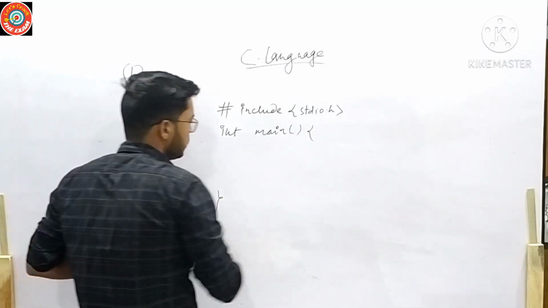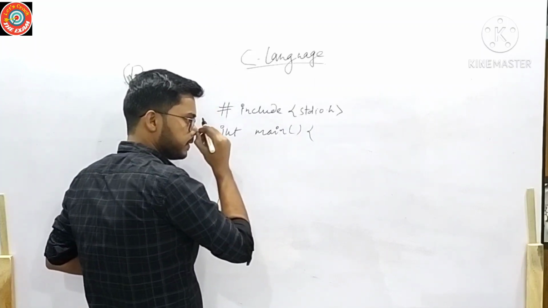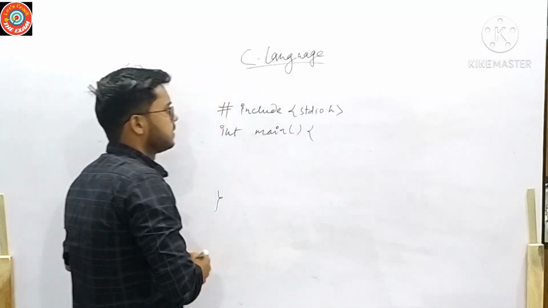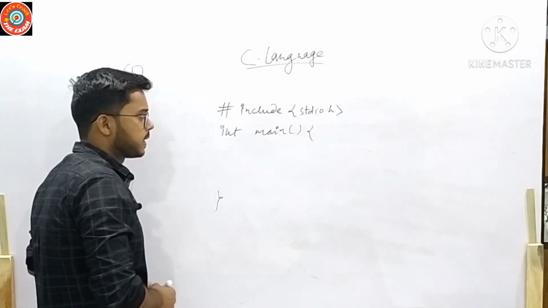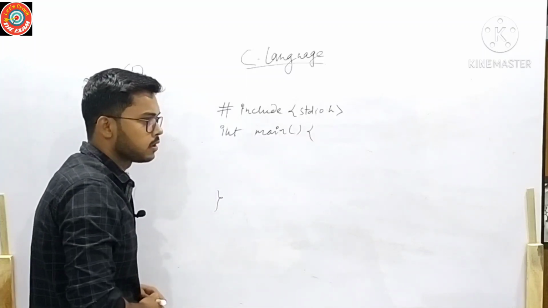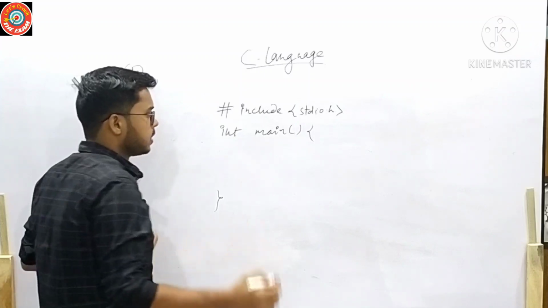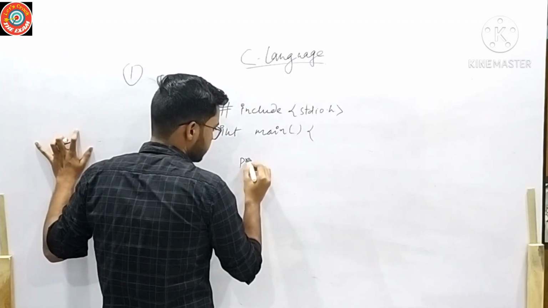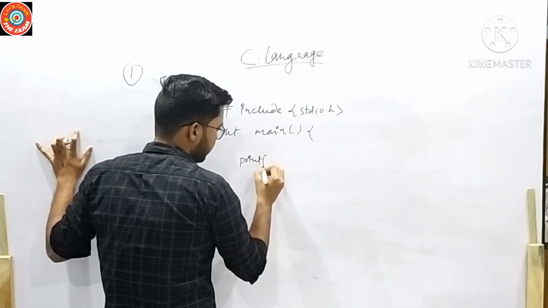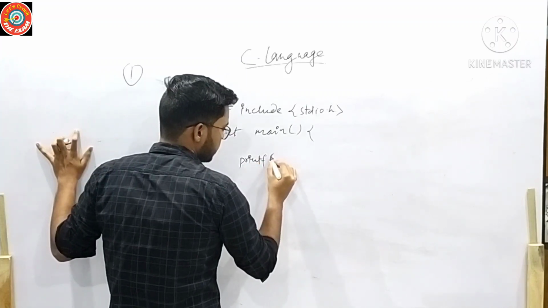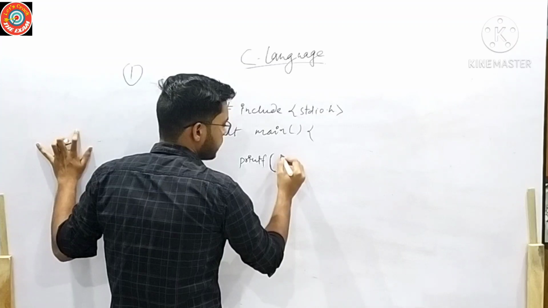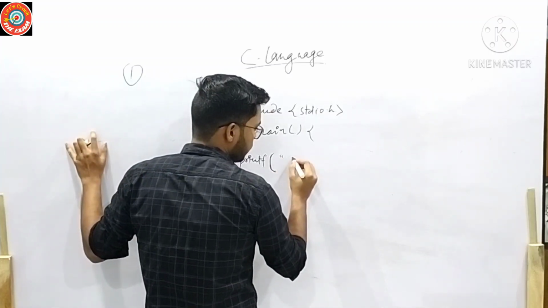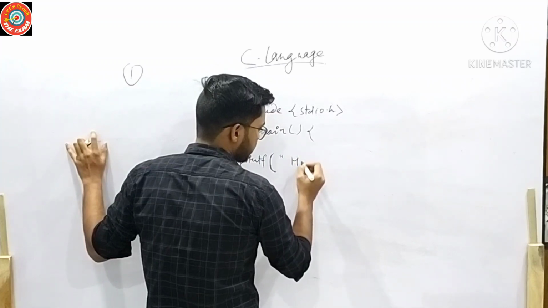In this program, we will print hello world or hello students. For printing we will use the printf function, and we will write inside the inverted commas whatever we want to print.